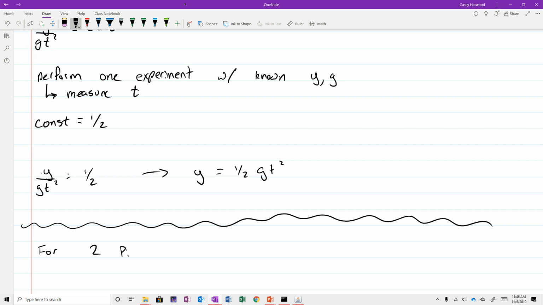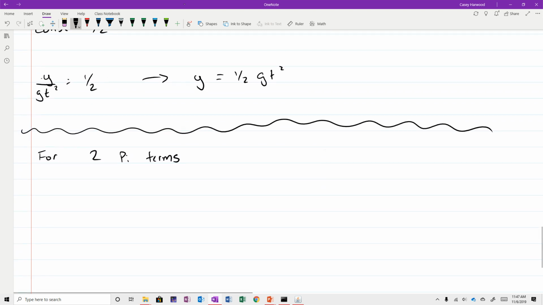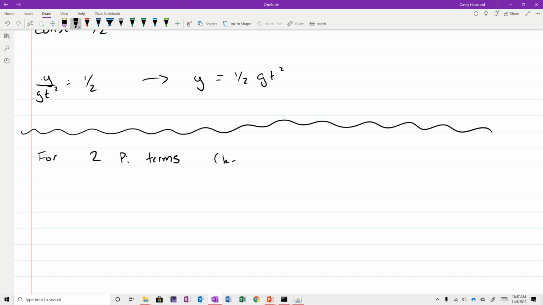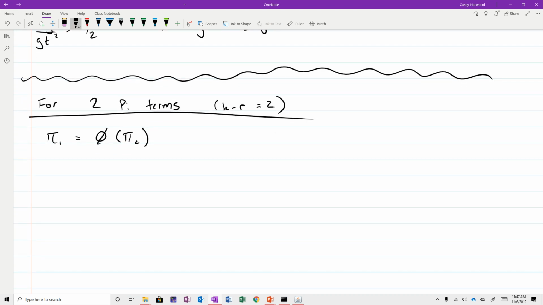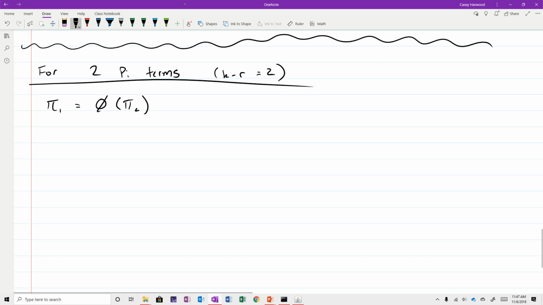For 2 pi terms, things are a little bit more involved. This is when k minus r is equal to 2. In a situation like this, we have that pi 1 is equal to some function of pi 2, which we can think of as meaning that we could plot this relationship as a single curve on a two-dimensional set of axes. So let's say we have data that looks like this, where we go out and perform experiments and collect data.